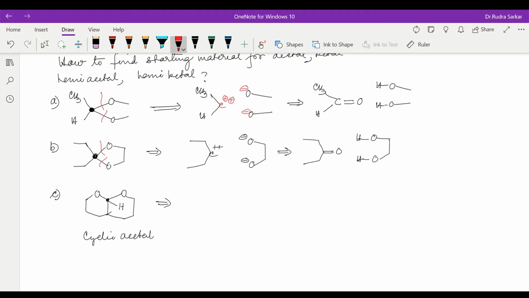Again, this is the carbon joined to two oxygens. Disconnect these bonds, so you get a minus. Here you will have plus. Here you have minus. Just follow what I had said.